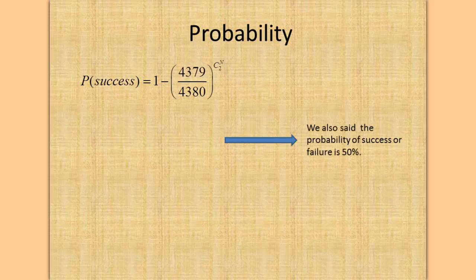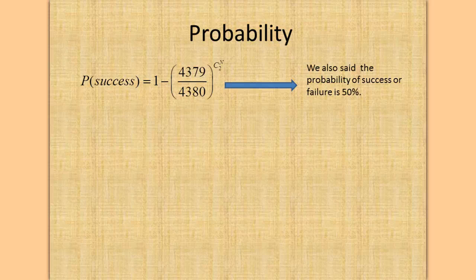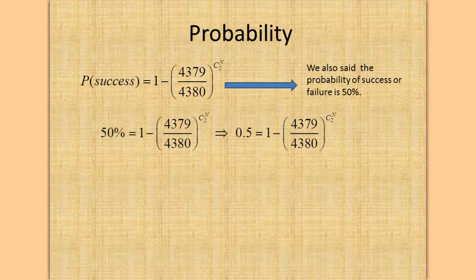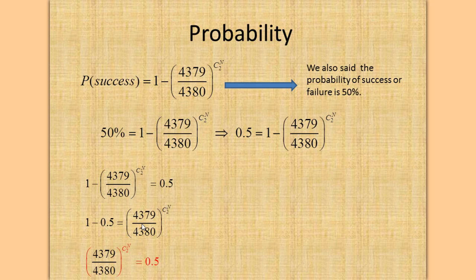Well, we said the probability of success was 50%. Okay. So we do as before. We put in our 50%, change it to a decimal right here, and then we change the equation over as we did before, move 0.5 over to the left side and our quantity over to the right side, and we end up with that. And so we have our quantity raised to a power equals 0.5, and we got to take logarithms as before.